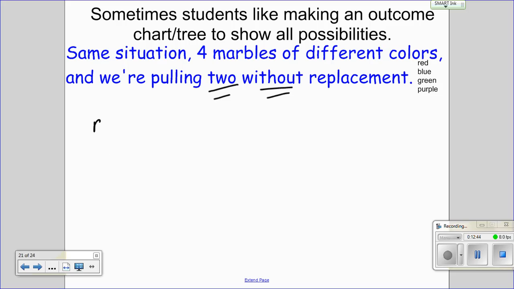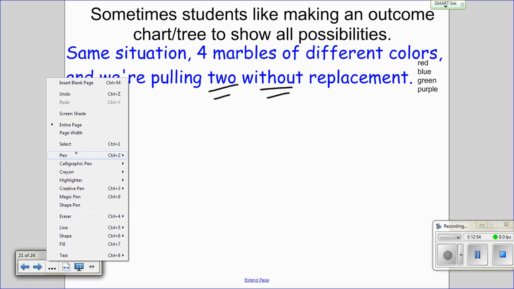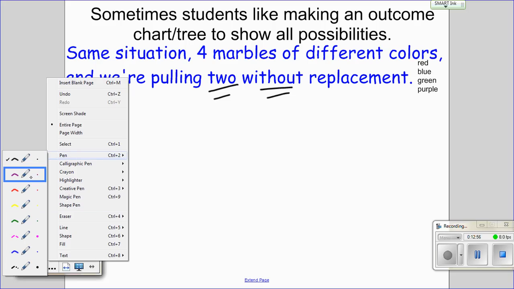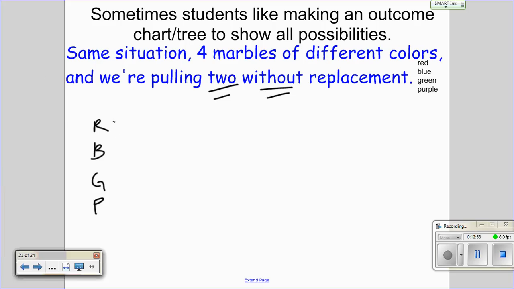So I have red, I have blue, I have green, and I have purple. So my second pull without replacement, if I pick the red first, that means my second one could be a blue, a green, or a purple.